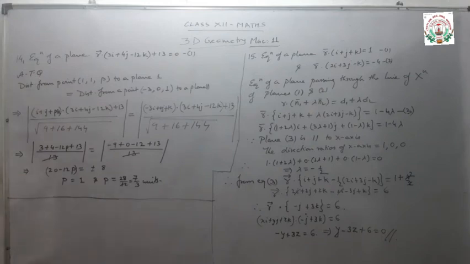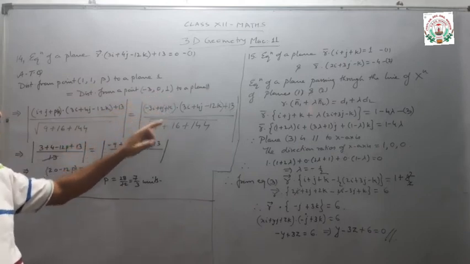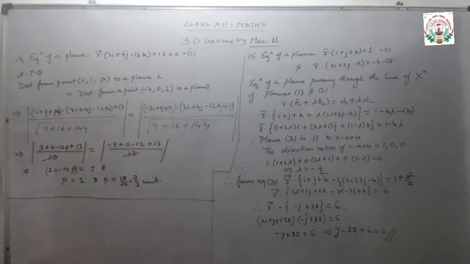So we apply the perpendicular distance formula, (ax1 + by1 + cz1 + d) over root of a square plus b square plus c square. But here it is a vector formula, so the passing point is i + j + pk, and the second point is -3i + 0j + k.